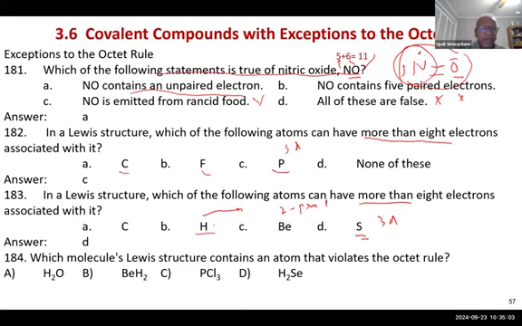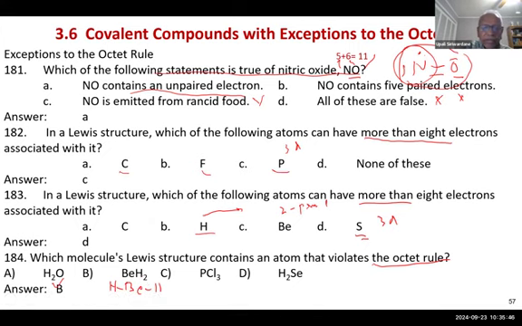Which Lewis structure contains an atom that violates the octet rule? If you write it down, this obeys the octet rule, this one doesn't. That's beryllium. Beryllium would form a helium-like structure, that's less than an octet.